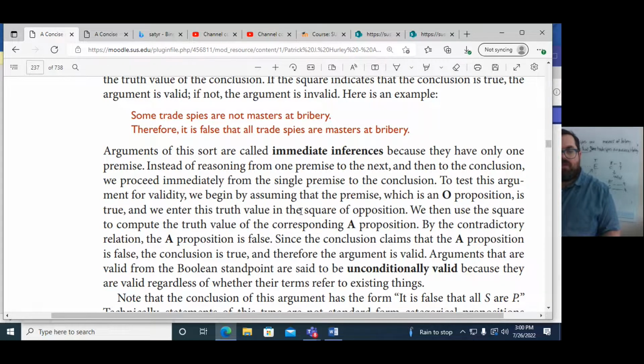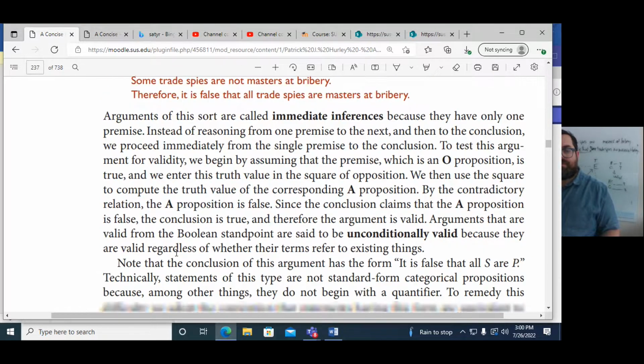We then use the square to compute the truth value of the corresponding A proposition. By the contradictory relationship, the A proposition is false. Since the conclusion claims that the A proposition is false, the conclusion is true, and therefore the argument is valid, right? So that was the first one we did, not the modified one.